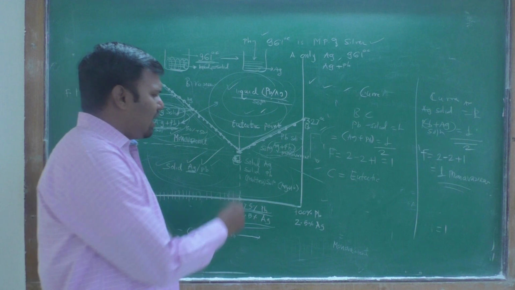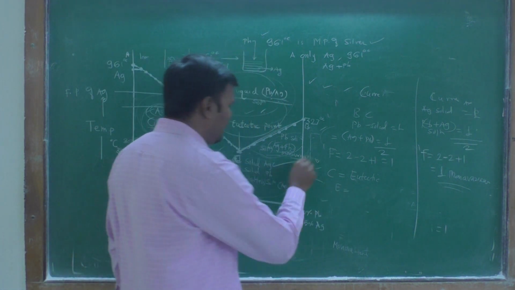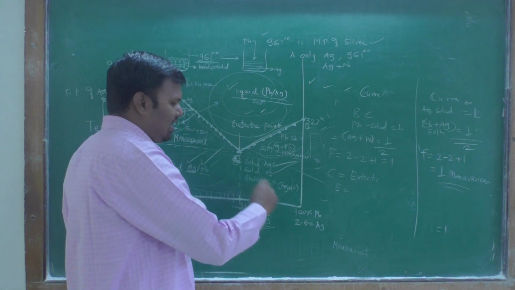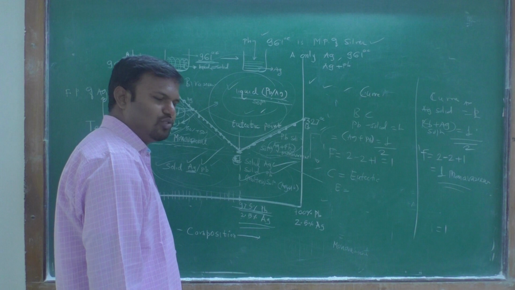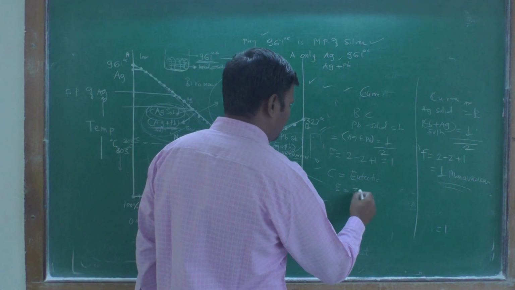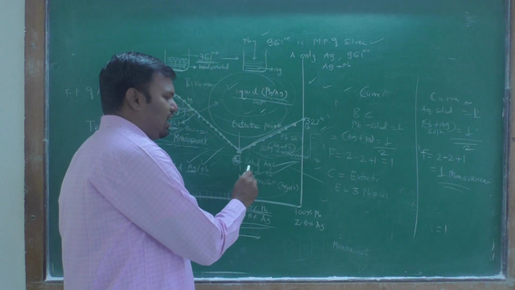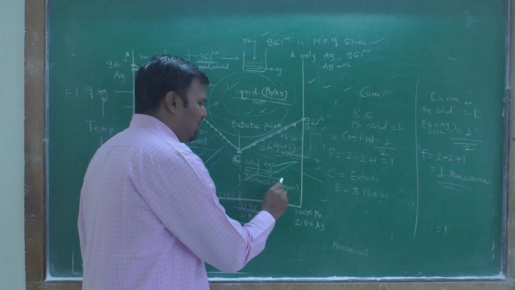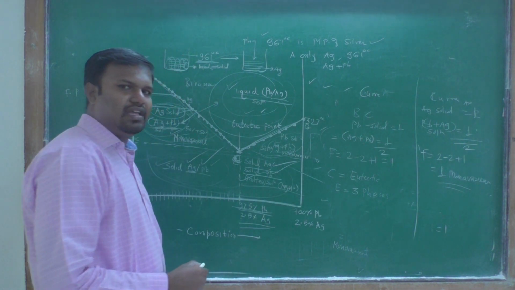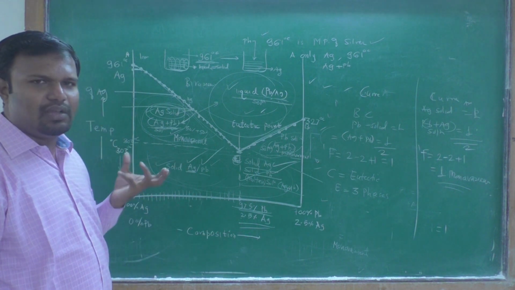Now at this eutectic point you find that solid Ag is present, solid Pb is also present, and molten Ag plus Pb is also present. Therefore, three phases are present at the eutectic point.